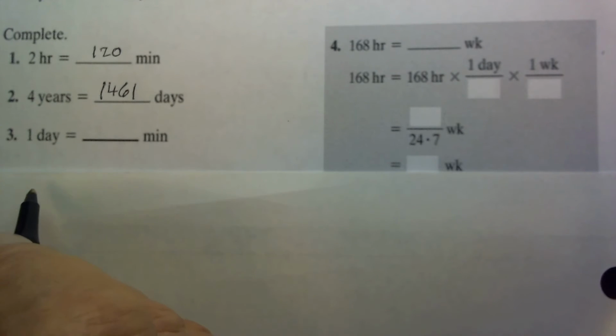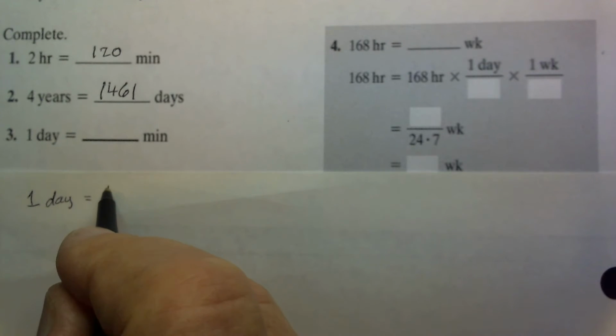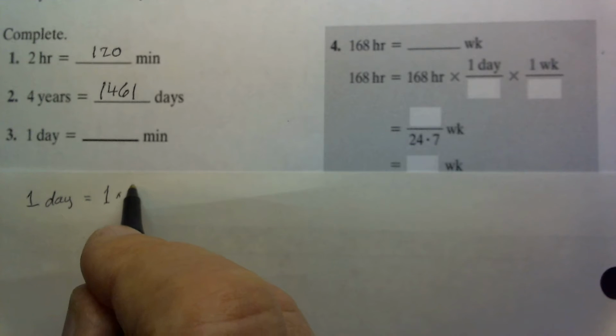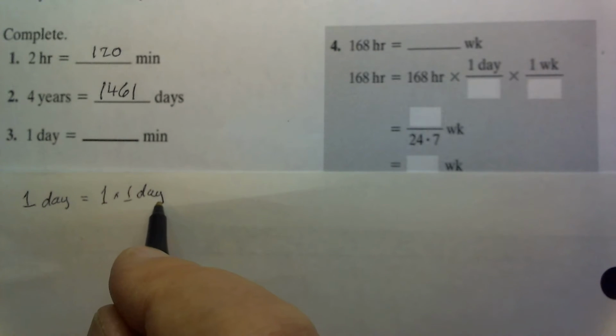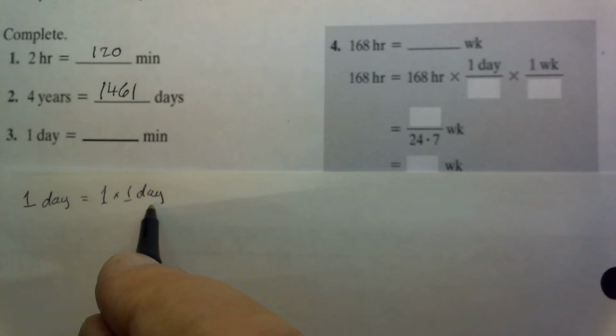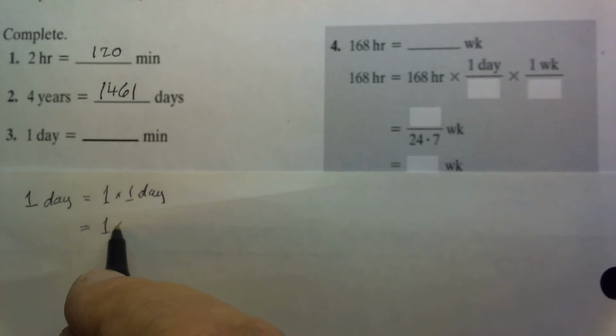Similarly, exercise number 3, 1 day is equal to 1 times 1 day. And that's 1 times, a day has 24 hours.